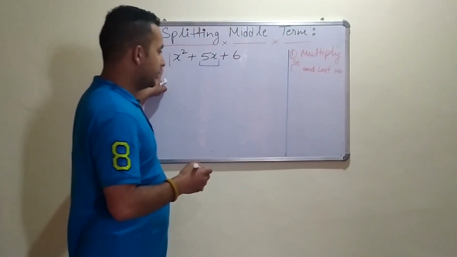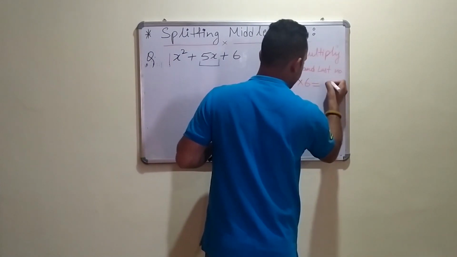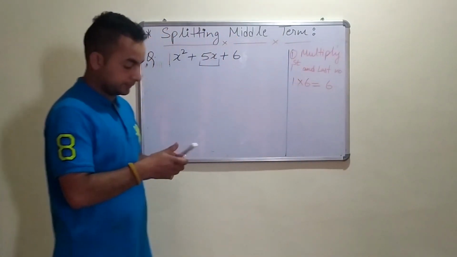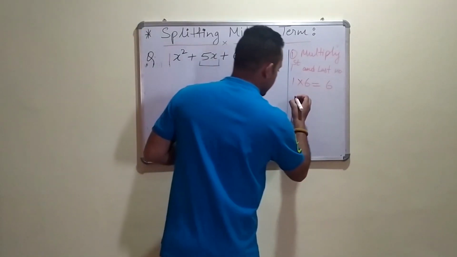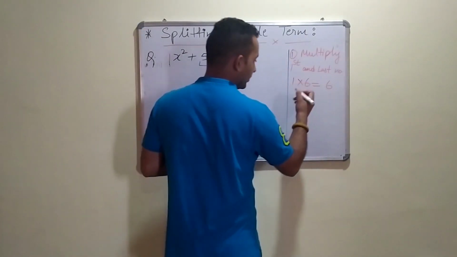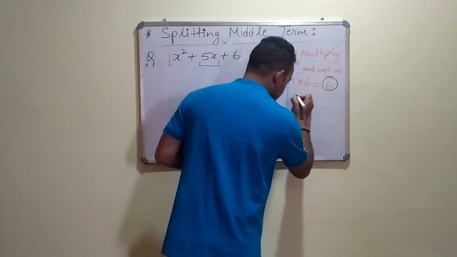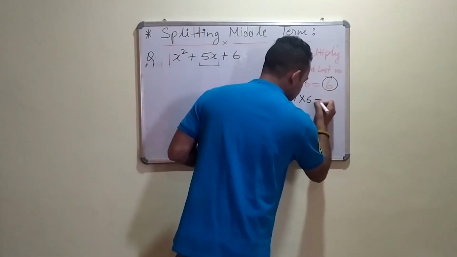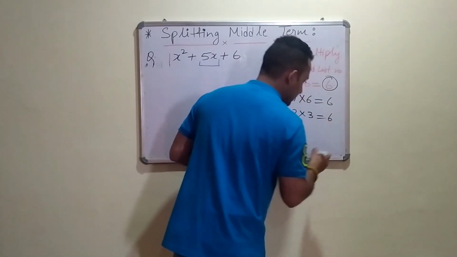So 1 times 6 is 6. Now find the factors of 6. 1 into 6 is 6 and 2 multiply 3 is 6.